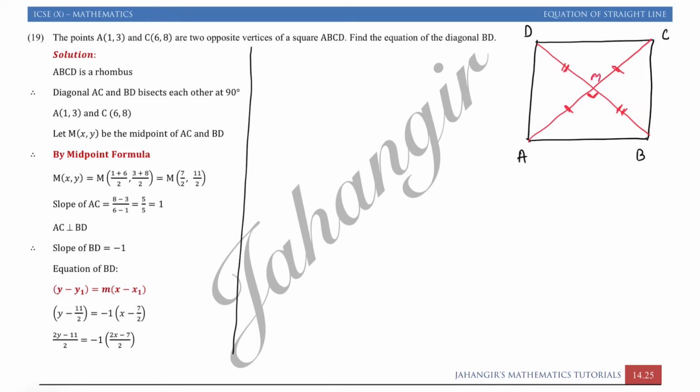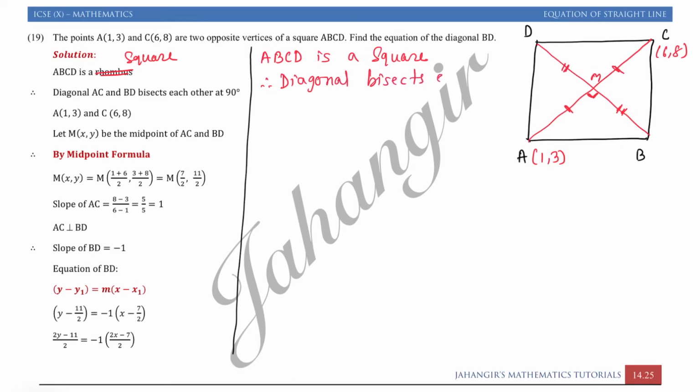Let's say this is M. Coordinate of A is given as (1, 3). Coordinate of C is given as (6, 8). So we can write, ABCD is a square. Therefore, diagonals bisect each other at 90 degrees.